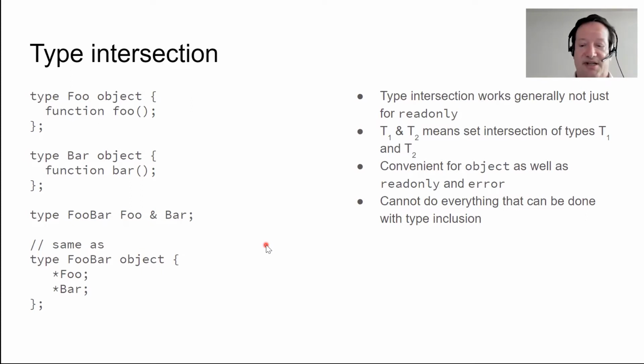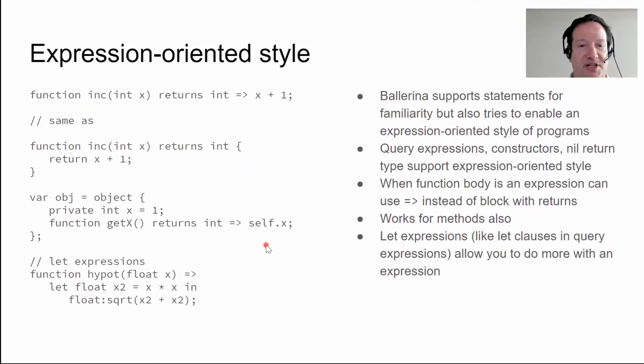So Ballerina's general philosophy is we want to try and do things in a way that's familiar to people who know C or a C family language. And so we have a distinction between expressions and statements, just like C does. But actually, a better way to do languages is generally to have a more expression-oriented language where everything's an expression.